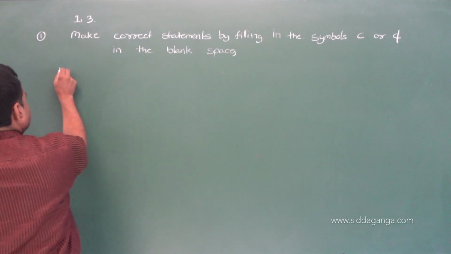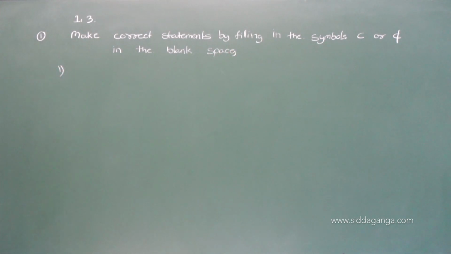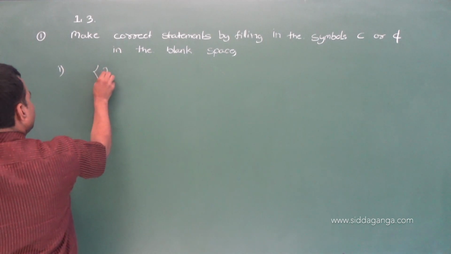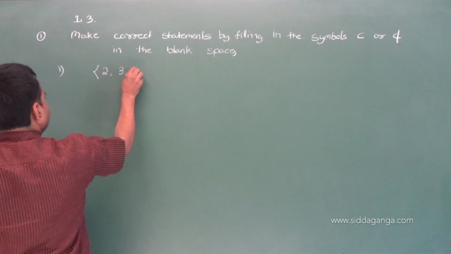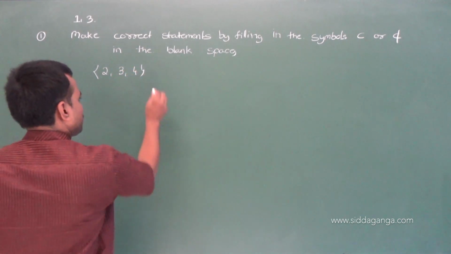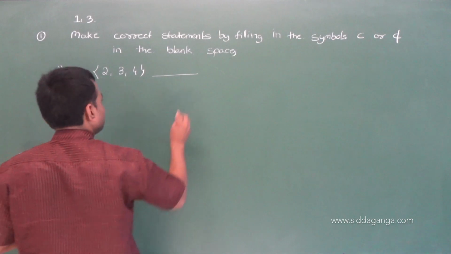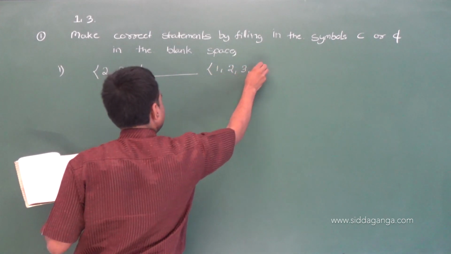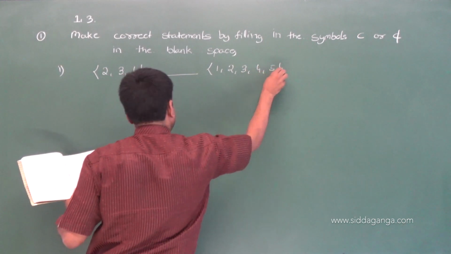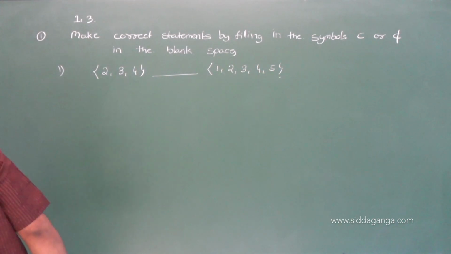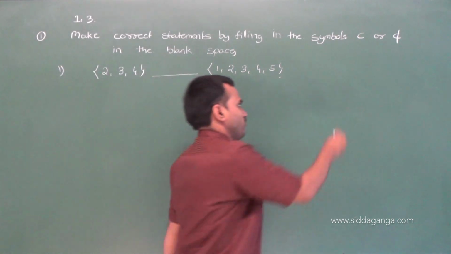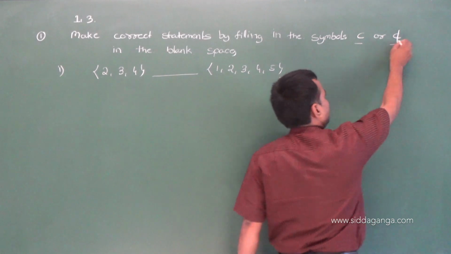First question. {2, 3, 4} dash {1, 2, 3, 4, 5}. We have to fill whether it is a subset or not.